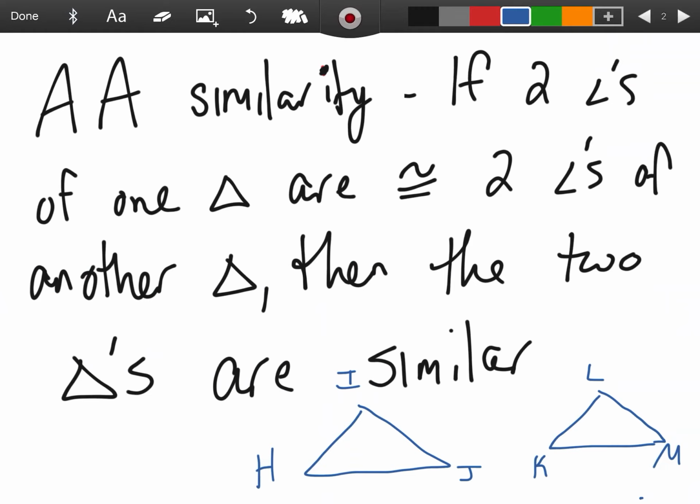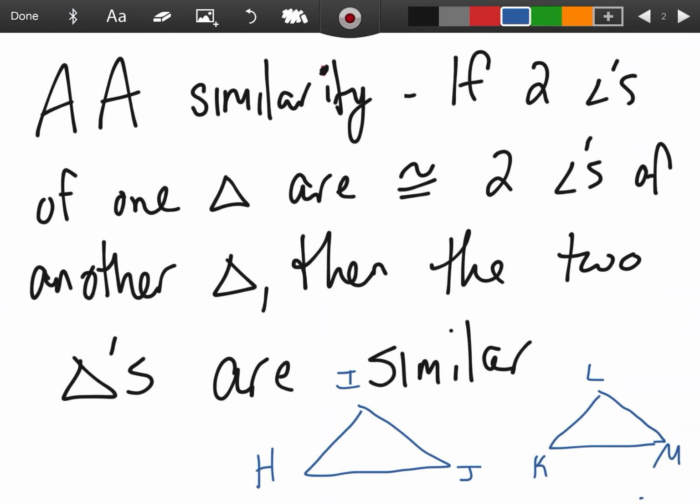And that postulate is the angle-angle similarity postulate. So angle-angle similarity, what does that tell us? It tells us that if we have two angles of one triangle that are congruent to two angles of another triangle, then the two triangles must be similar.